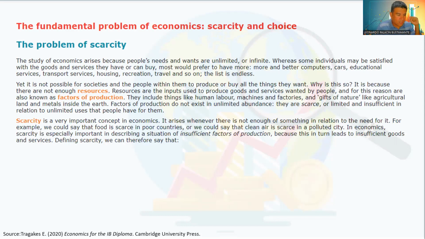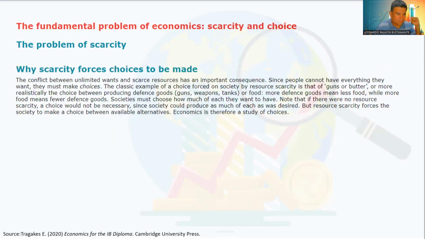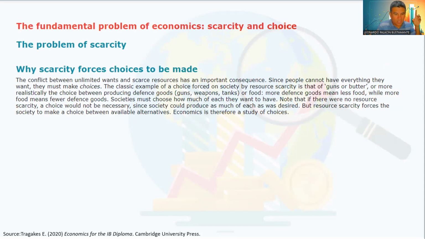Well, scarcity has already been defined. Now, as I previously said, this conflict leads people to make choices. I gave you the idea of government, and there is an idiomatic expression called guns or butter. In this example, the government needs to choose between producing defense goods, so guns, weapons, tanks, or butter, food.